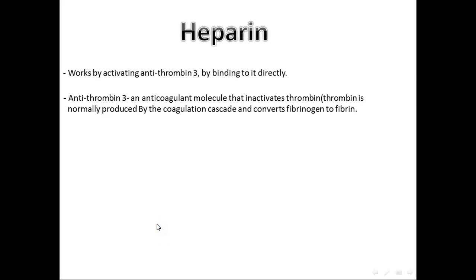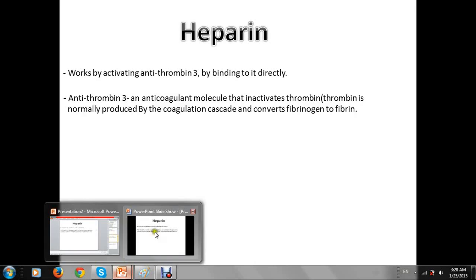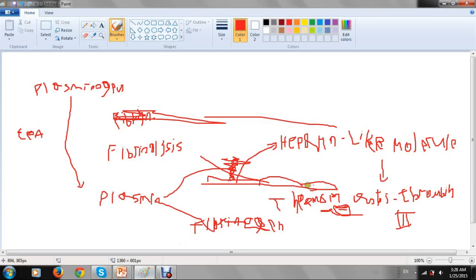So if we go back to the slide, we talk now about heparin. It works by activating antithrombin 3 by binding to it directly. So if heparin-like molecules are released by the endothelial cells, they activate antithrombin 3. The drug heparin binds to it directly, activating it.